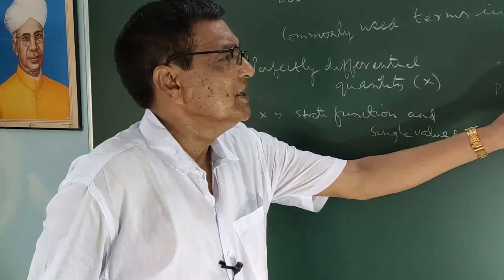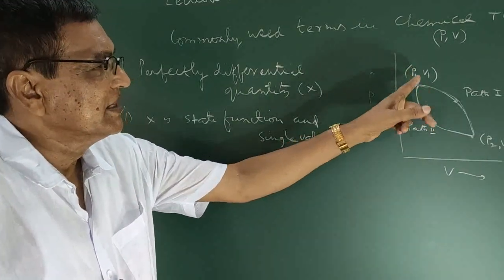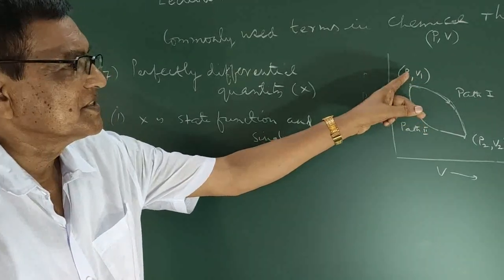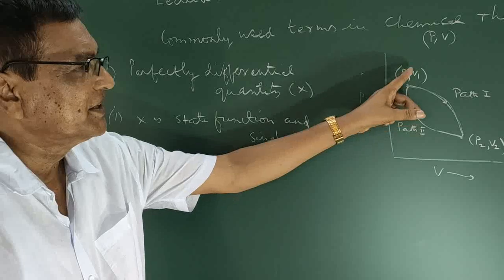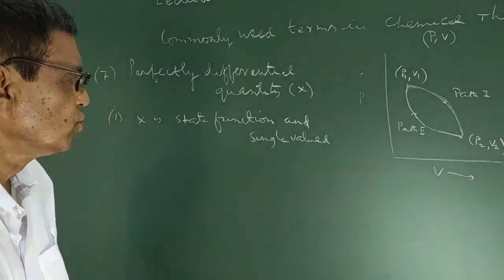Say P is single valued, means the initial state has pressure P1 and a volume. This is single valued, and this defines the initial state, this defines the final state, and so on.